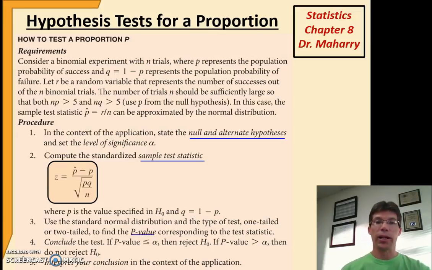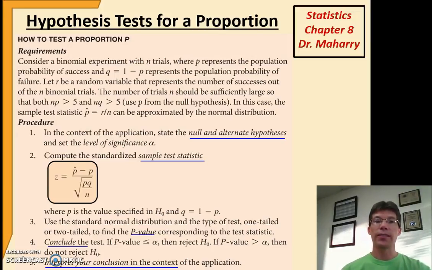So again, we will then calculate a p-value. We'll take this test statistic, go look it up in the z table, and find a probability. Based on this p-value, we'll either reject or fail to reject, and then interpret our conclusion in the context of the problem. So this is a proportion test. Same basic 5 steps as all our other hypothesis tests.